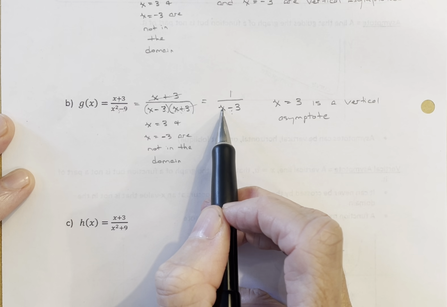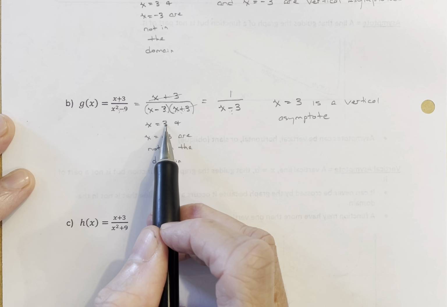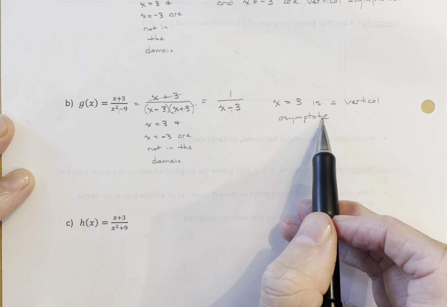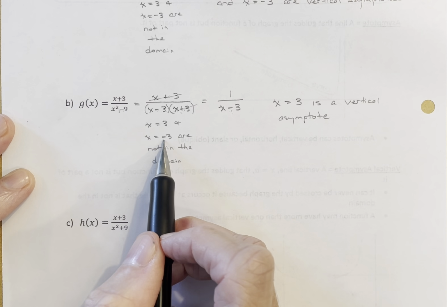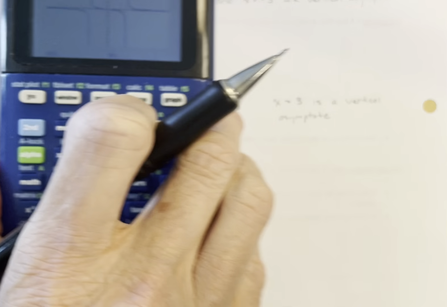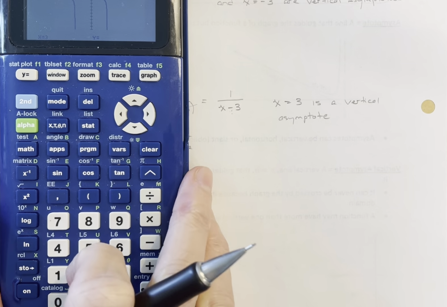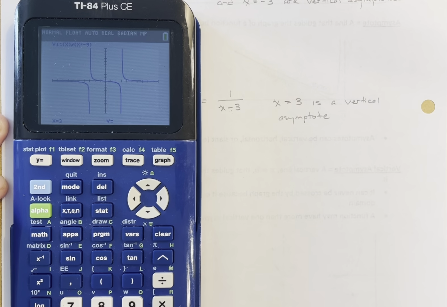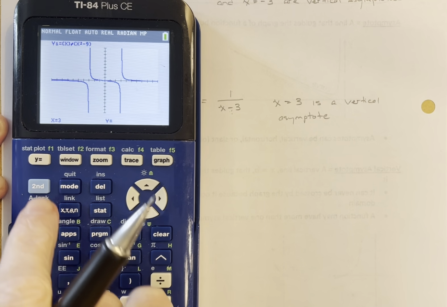Okay, and this says that 3, which is not in the domain, is a vertical asymptote. We've got to deal with negative 3 because it's also not in the domain, but it is not a vertical asymptote. Let's take a look. Again, right now we're just looking at vertical asymptotes. We're going to touch on holes in just a second.